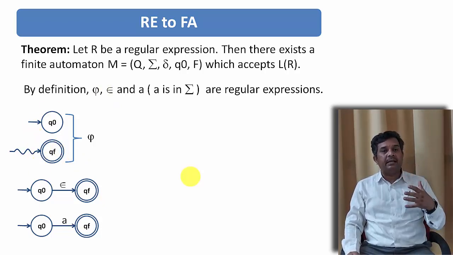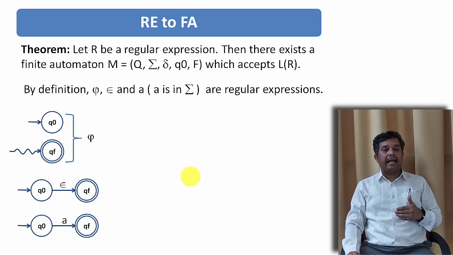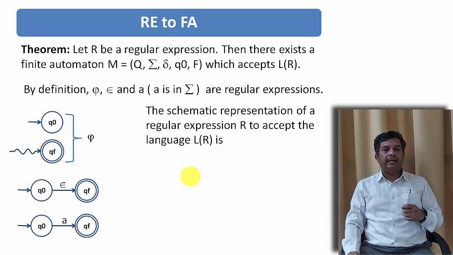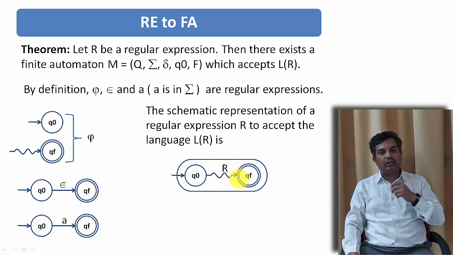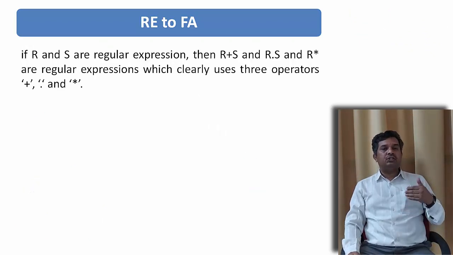Semantically, we can represent the acceptance of regular language L of R as this. From Q naught, there can be several transitions on this particular regular expression and it will go to the final state.